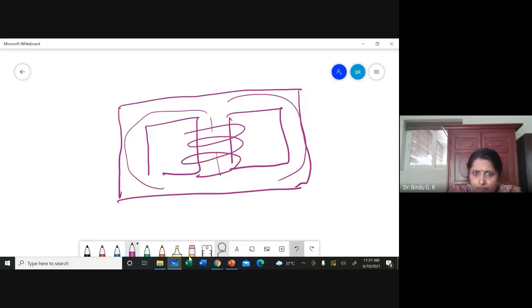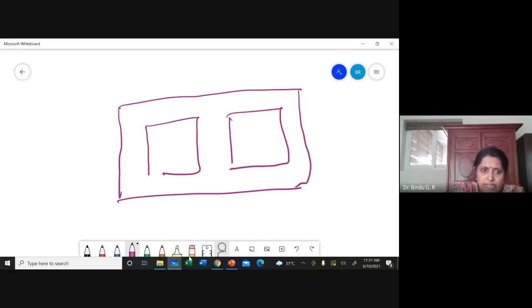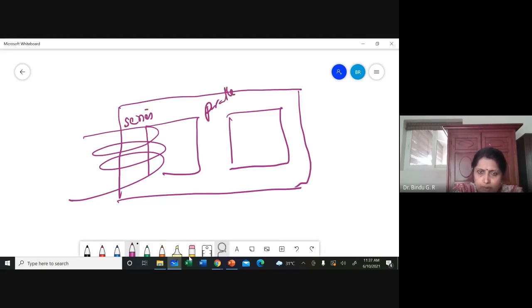Suppose I have the winding here, it means that this is the series portion, parallel portion, parallel reluctance, parallel path 1, parallel path 2. So you have a series plus parallel.